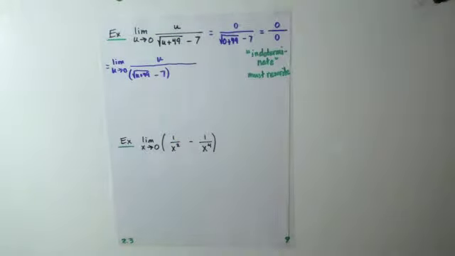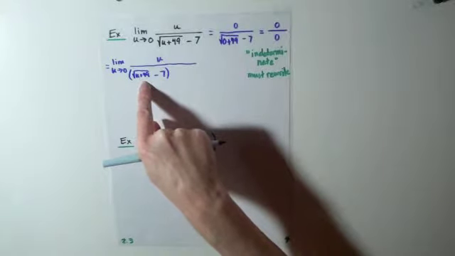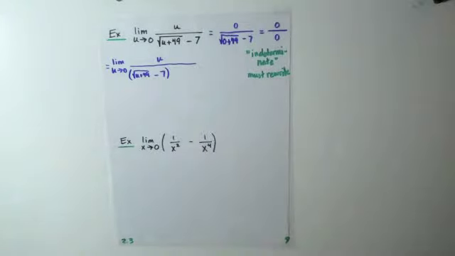And I want you to think back to algebra or your pre-calculus class. What was the trick we used to get this u plus 49 out from underneath the square root symbol? You may remember that it had to do with what were called conjugates.